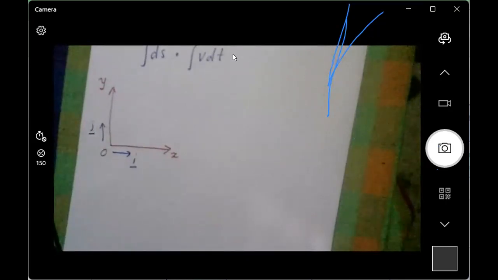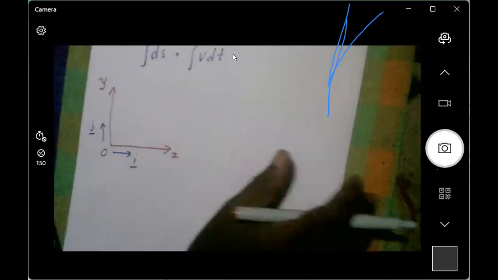Now, on the same origin, I am going to define a unit vector along this line, which will be e r, and another one which will be perpendicular to this, e theta.